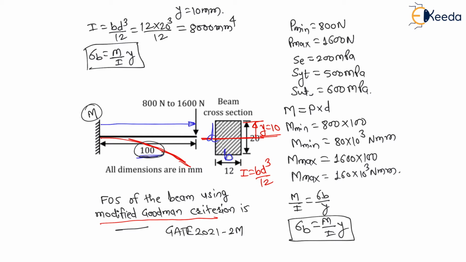So we can find sigma b minimum by putting M minimum, which is 80 into 10 to the power 3, into y which is 10, divided by I which is 8000. This gives sigma b minimum as 100 MPa, that is Newton per mm square. MPa means Newton per mm square.